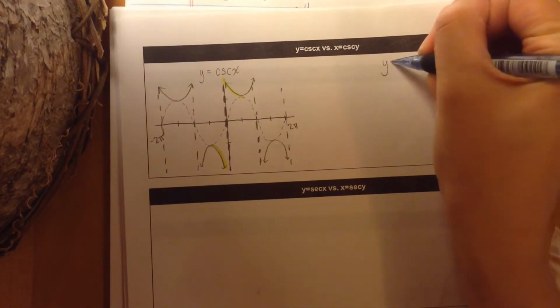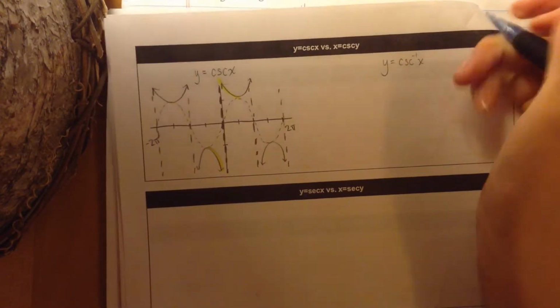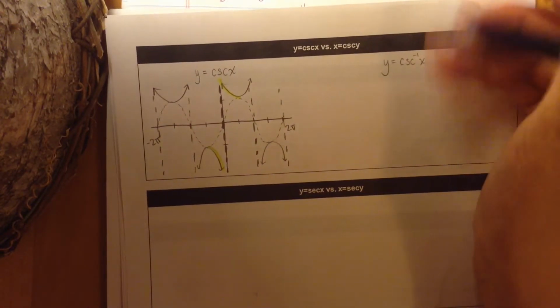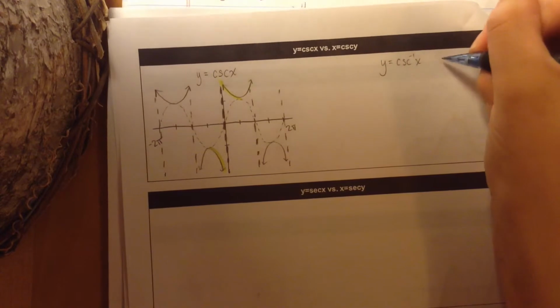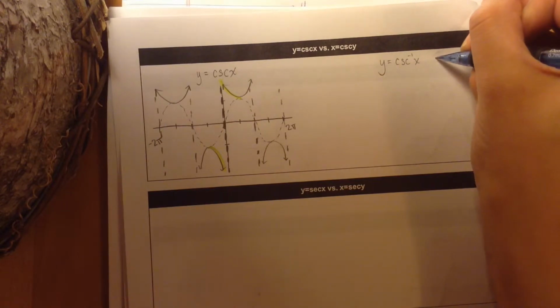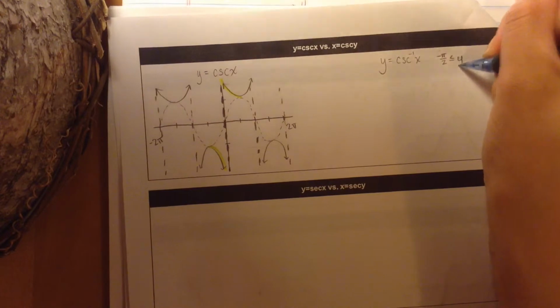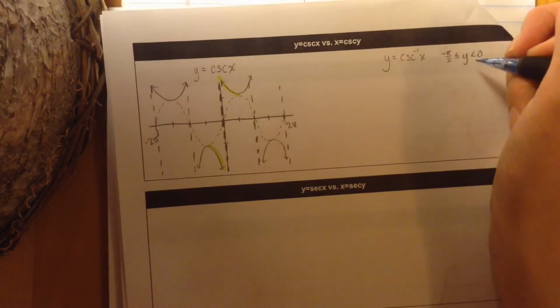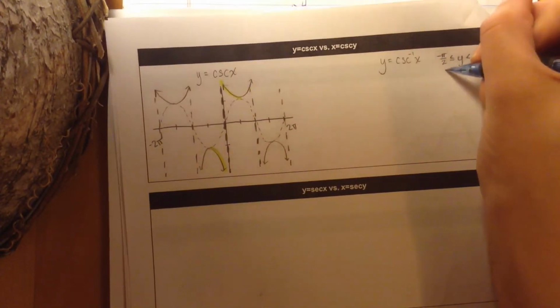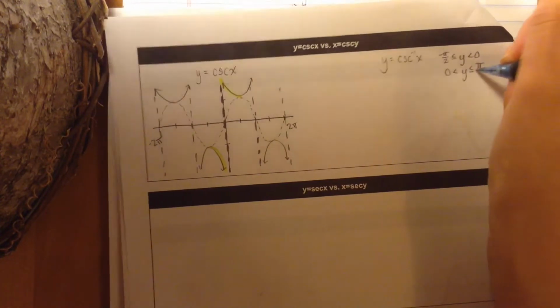So with y equals cosecant inverse of x, we would have that our y would be between negative pi over 2 and 0, not including the 0, and then also from 0, not including the 0, to positive pi over 2.